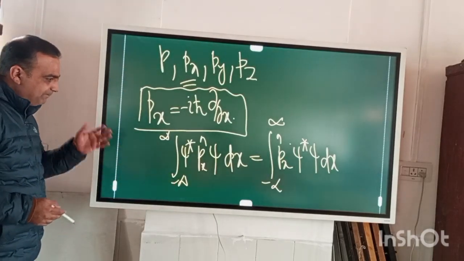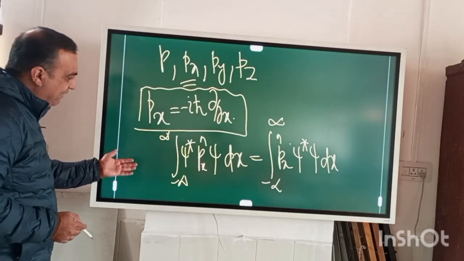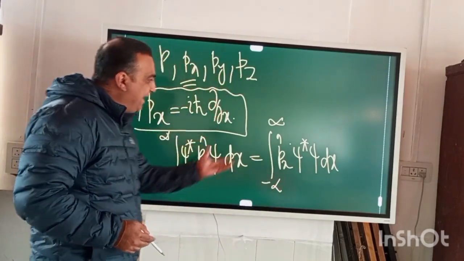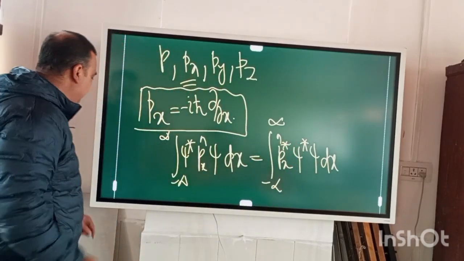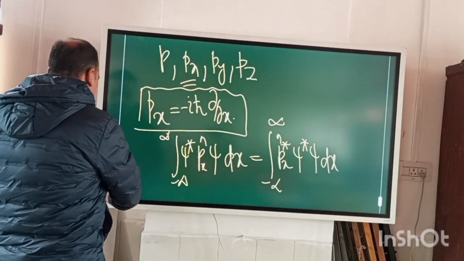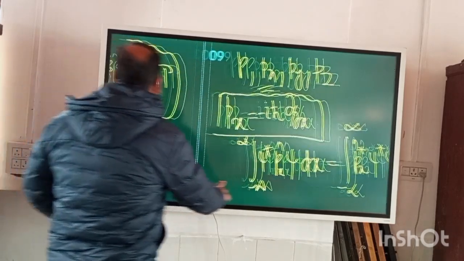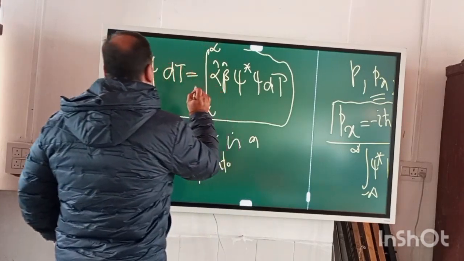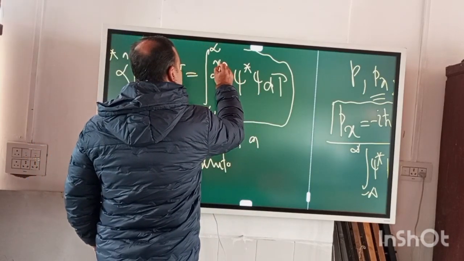So what should be done in the traditional way? I will take the left-hand side, and I should obtain the right-hand side. Here it has to be the star. I might have made a mistake here; it has to be the star.